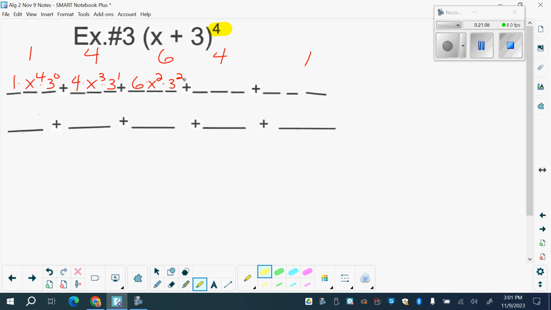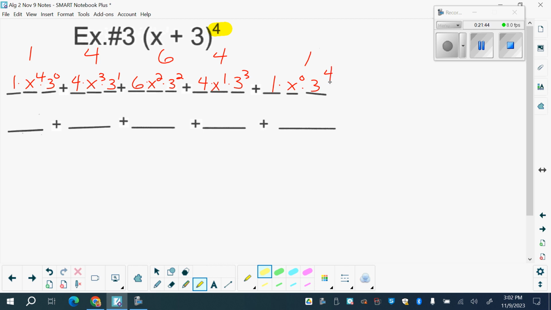So next one would be 4 times. Leah, can you tell us what exponent on the x will be? It's 1. Yes, good. And what about the 3? 3. Good. And again, 1 plus 3 gives you the 4. And last one, 1 times x to the 0 times 3 to the 4th.